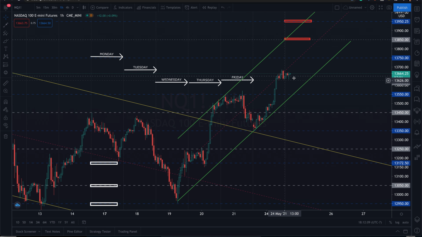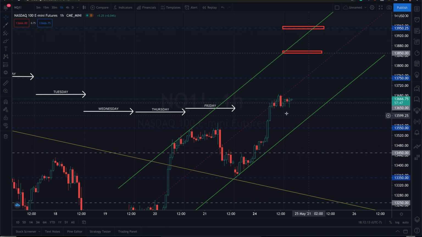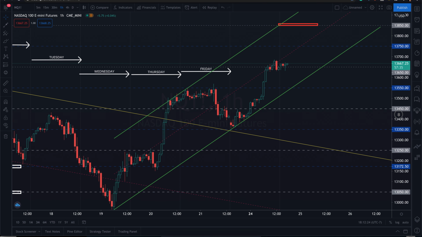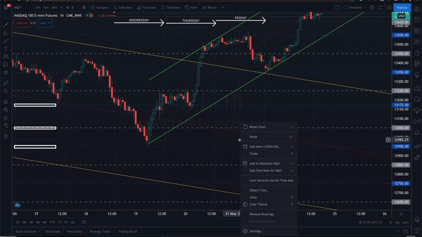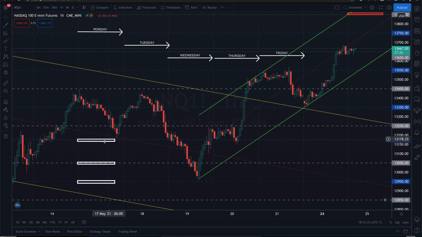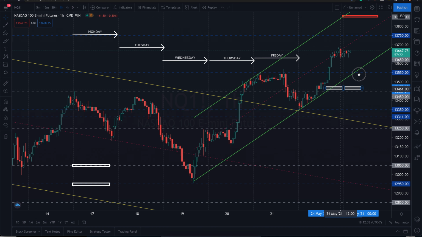Right now, it's a very good time to check out where we're sitting at the moment, because we're sitting exactly at one of my levels, and we're kind of above it right now, so it's already acting as support. But if we see some kind of a very strong pullback, where are my levels? Sorry, I want to move one of these to mark this level right here.